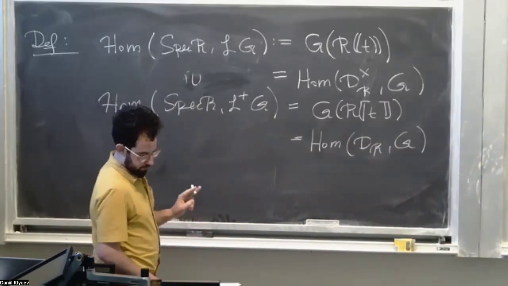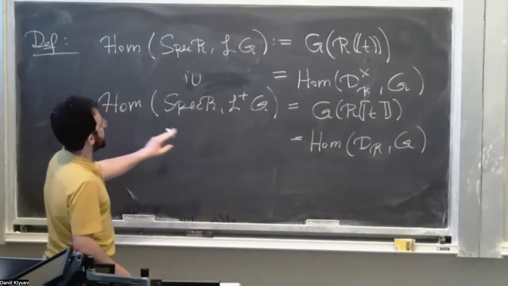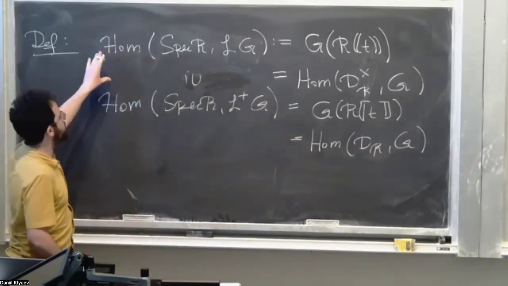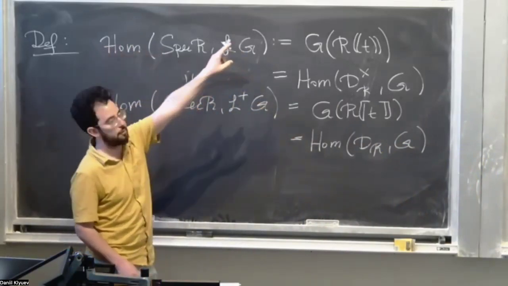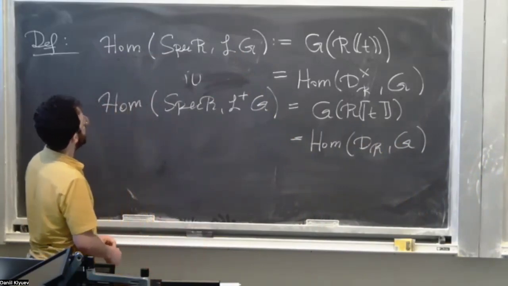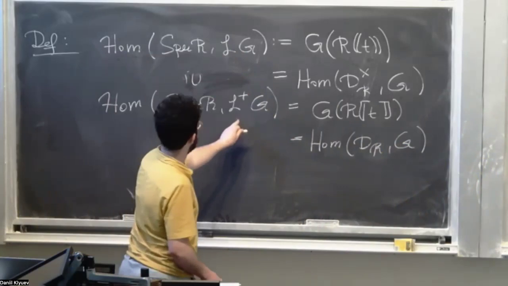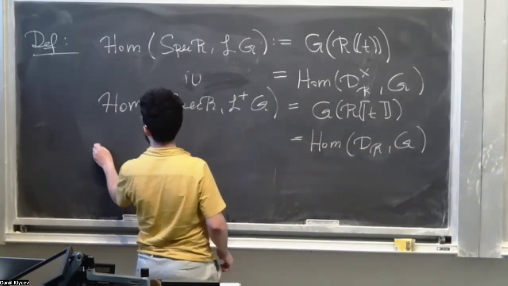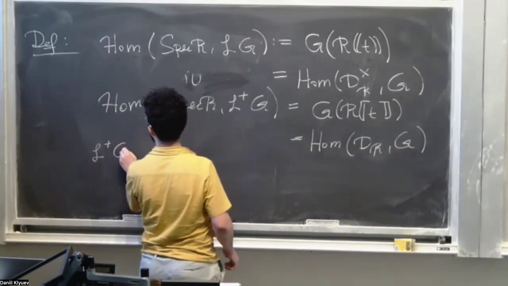So first of all, what type of objects are those? As I said before, a loop space will usually be infinite dimensional, and this is also the situation here. Let me start with positive loops.